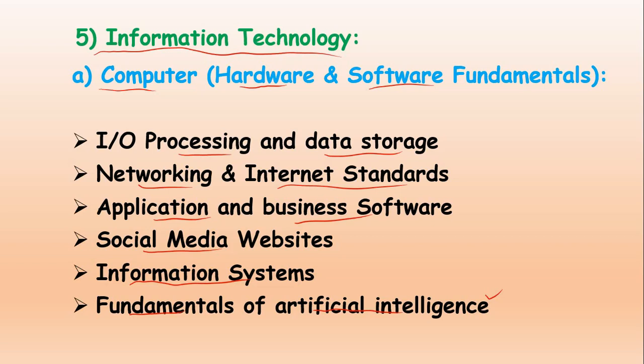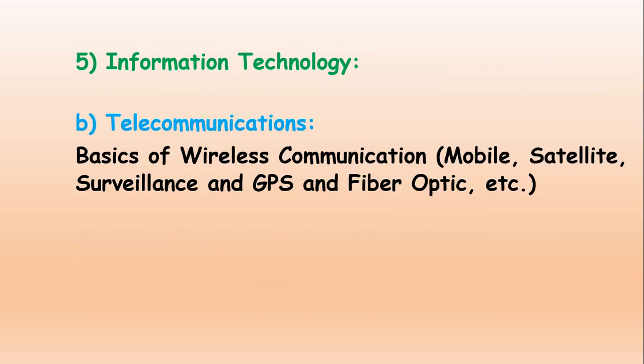So what is artificial intelligence and what is its role and why it is very important, this we will discuss in our upcoming videos. Now the last B part of the information technology, IT, is the telecommunication. This is also one of the very important topics. Basics of the wireless communication and mobile, like we will discuss mobile, satellite.